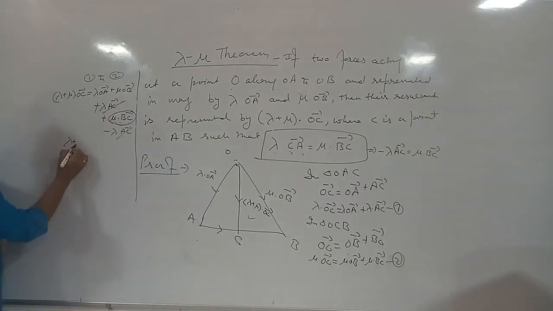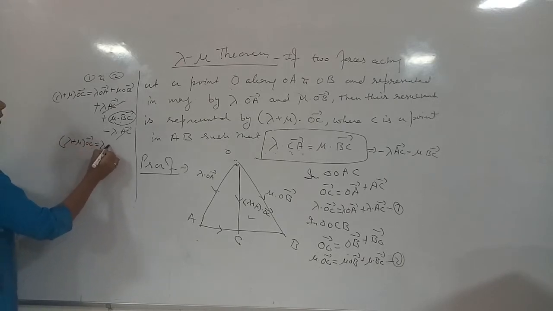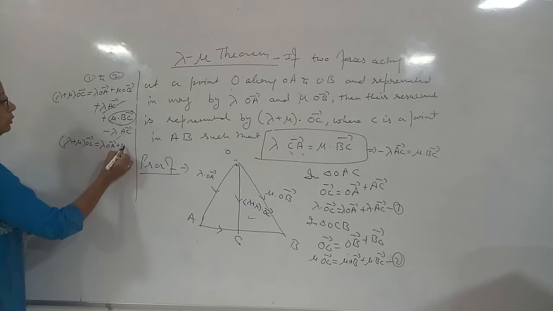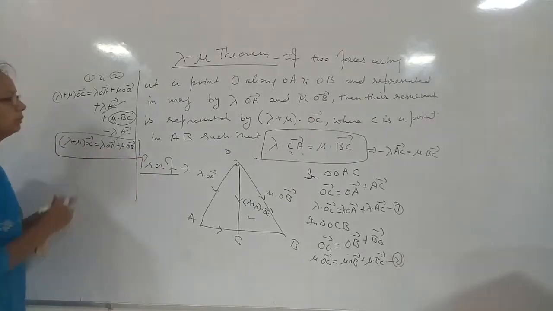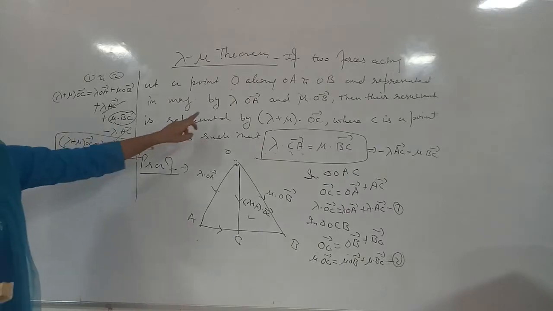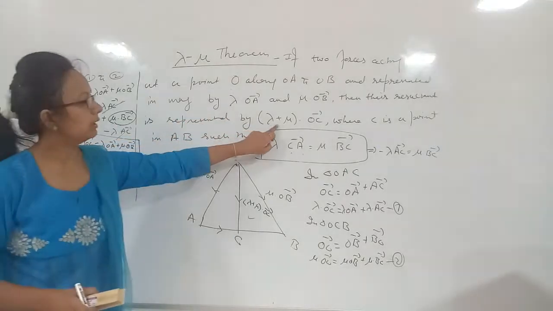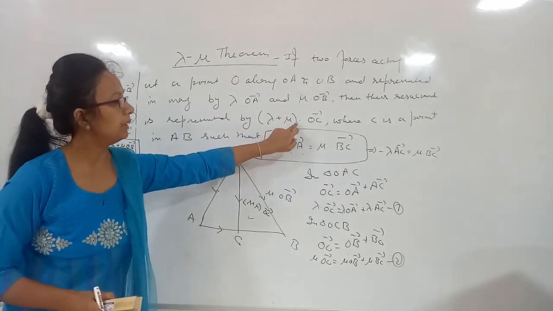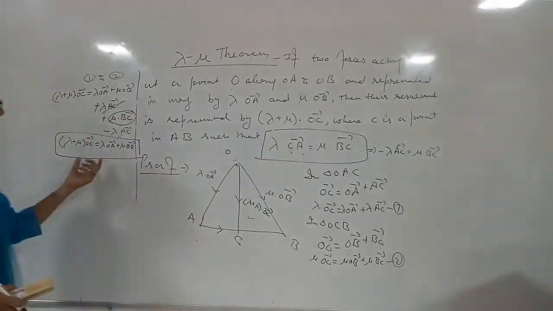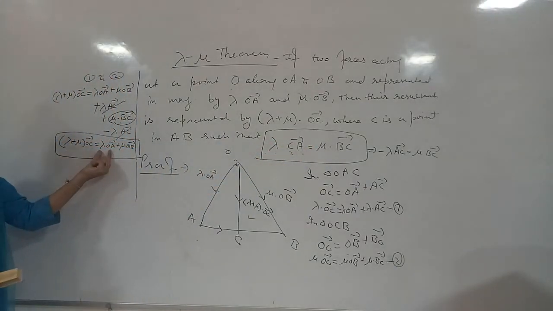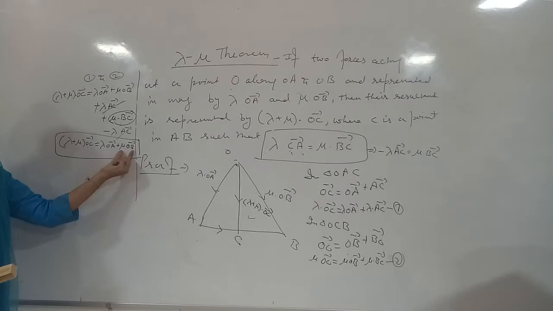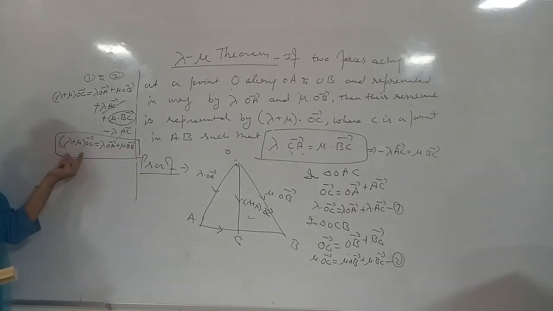Now we have lambda plus mu OC is equal to lambda OA plus mu OB. So this is our proof. We had to prove that the resultant is represented by lambda plus mu OC, and now we have proved this. The resultant of lambda OA and mu OB is lambda plus mu OC.